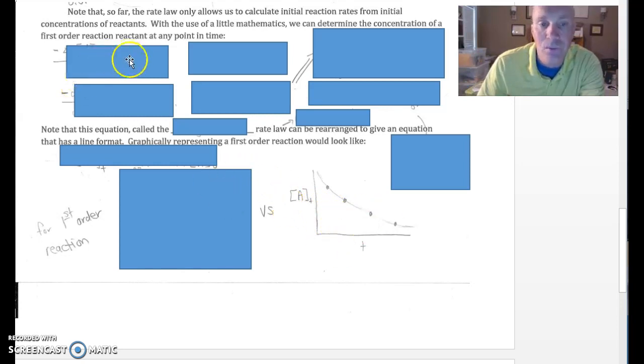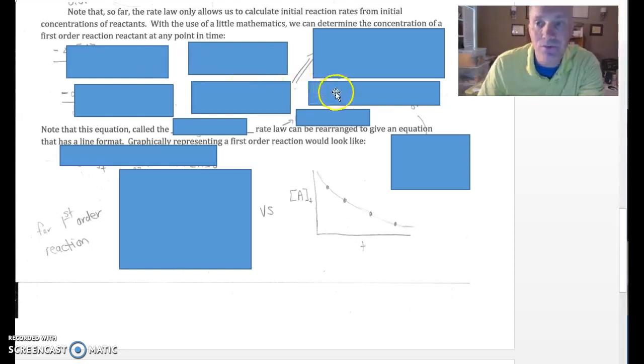So before I do this, I want to point out that even though there is calculus involved in deriving these equations, first of all, I'm not an expert in calculus. I know just enough to hopefully describe this and relate it to your class. But I do want to point out that as far as I know, for IB, you are not responsible for knowing how to derive this equation.